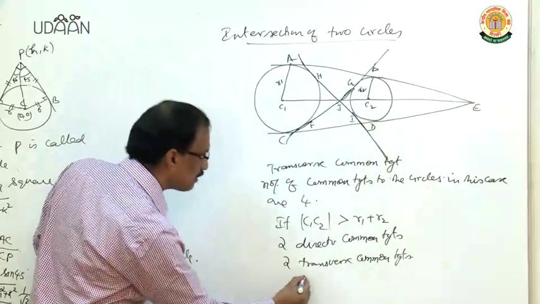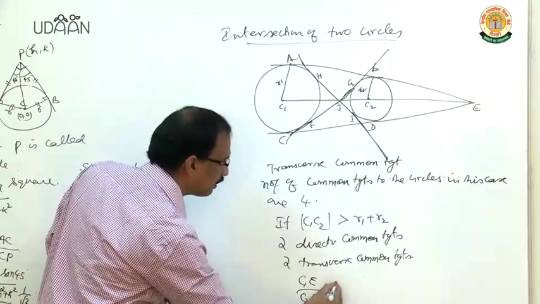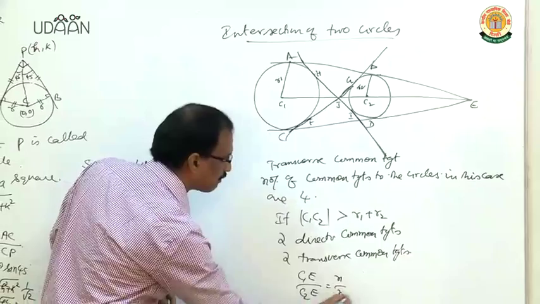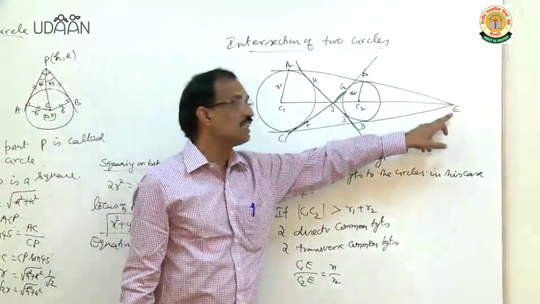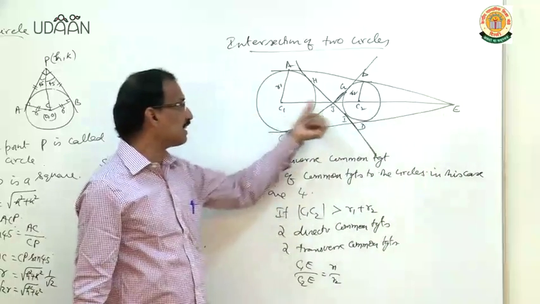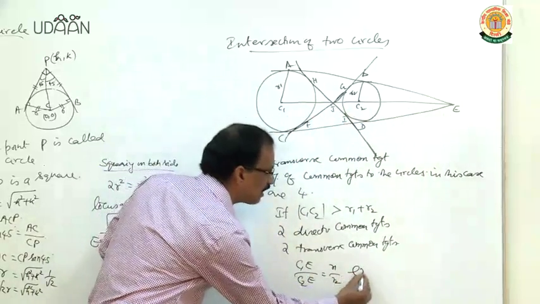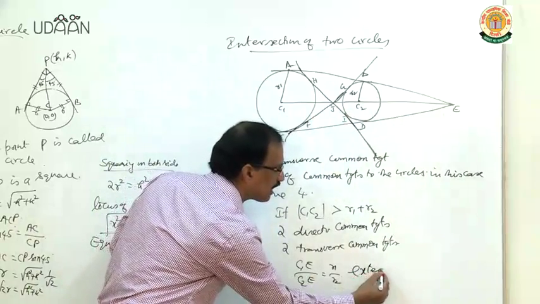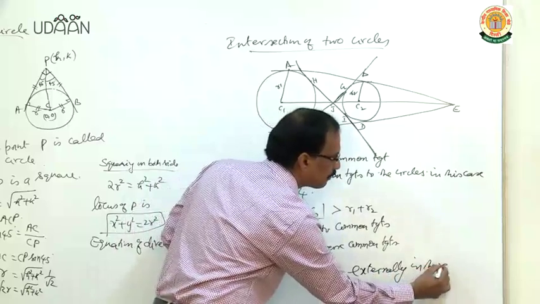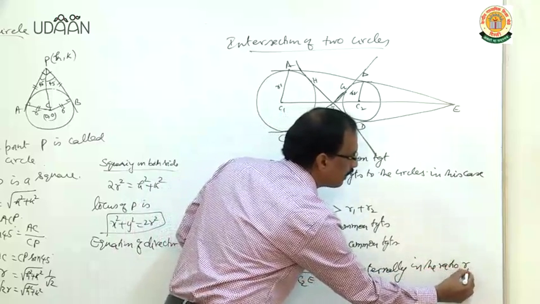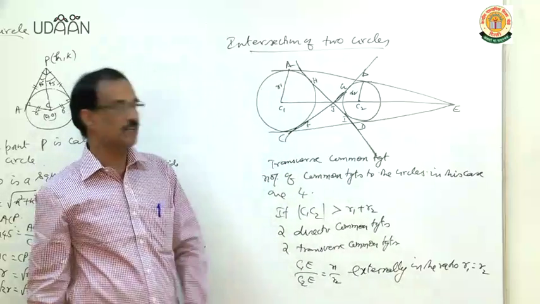That means C1E by C2E equals R1 by R2. That is, the point E divides the line segment joining C1, C2 externally, that is outside, in the ratio R1 is to R2, that is of the radii, we get.